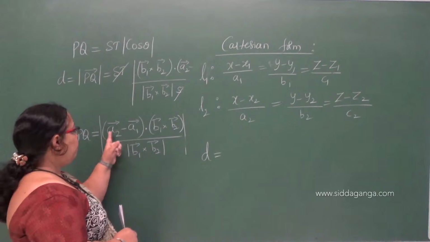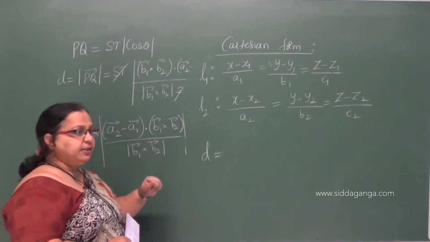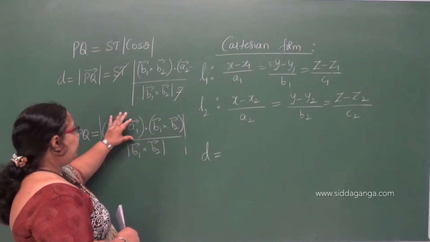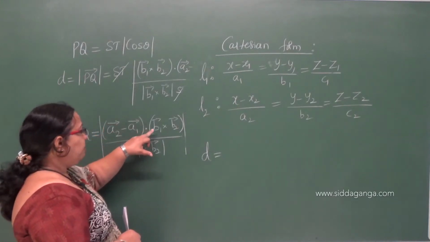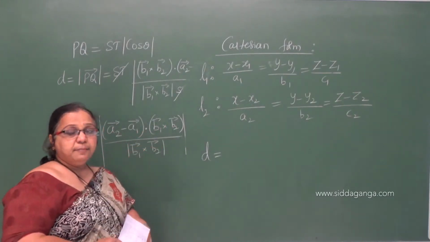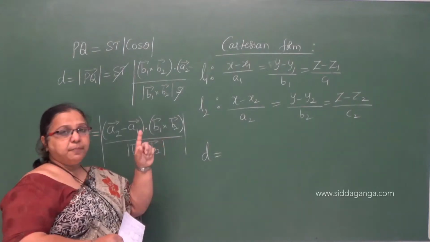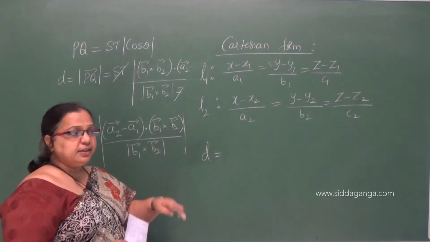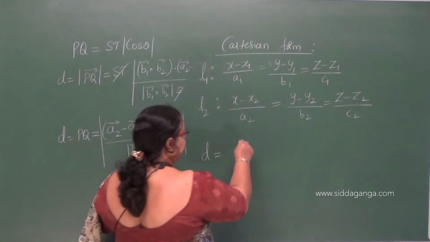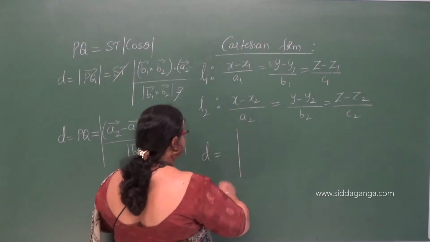the difference of two vectors is again a vector. So you take this as A dot B cross C, meaning scalar triple product of three vectors. It is given in terms of a determinant.